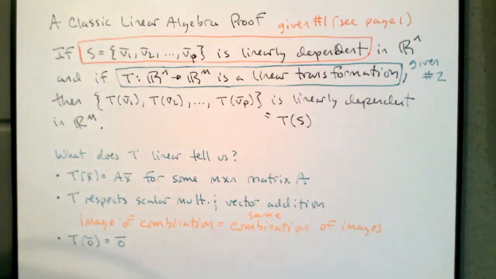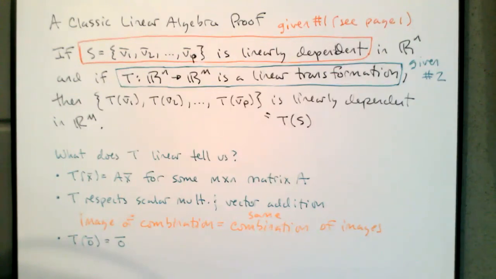So now we can start combining these things, and we can see how our proof is going to go. We want to show that this set of vectors, the set of images, is linearly dependent. I want to show that T of S, the set of images, has one of those vectors as a linear combination of the others.